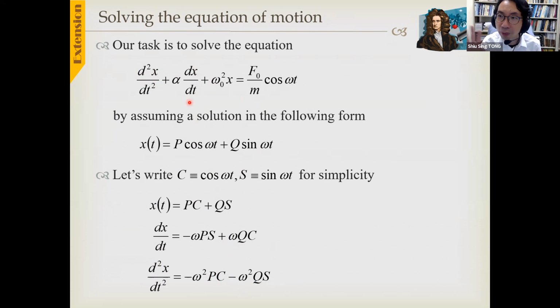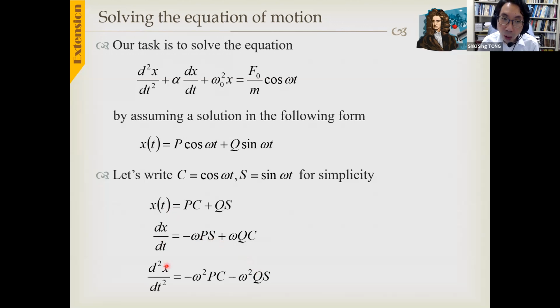Now you don't have to follow it step by step. I know that the calculation is a little bit tedious, but just understand the idea. After understanding the idea, you can do it yourself if you are patient enough. The idea is that we have x, dx/dt and d squared x/dt squared expressed in terms of s and c, the sine and the cosine terms.